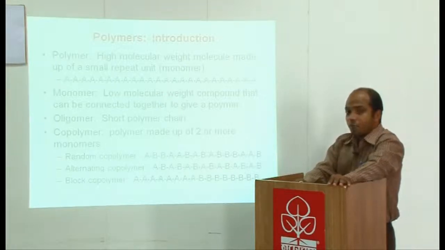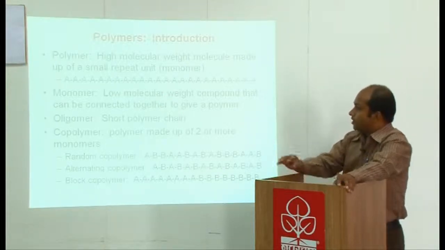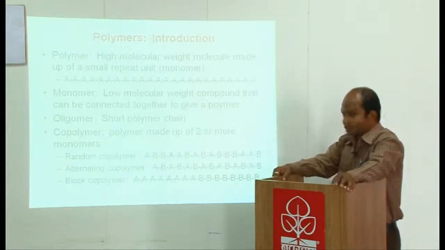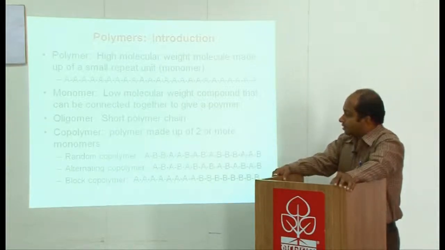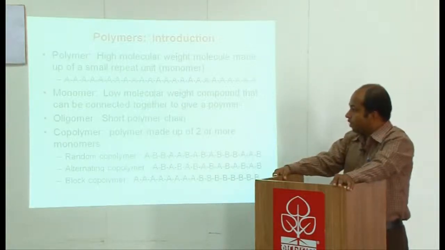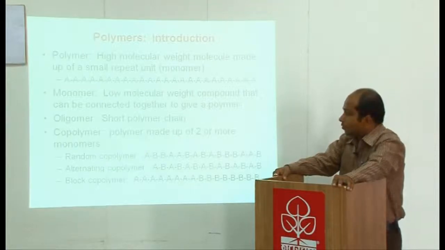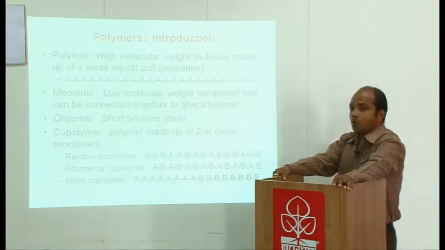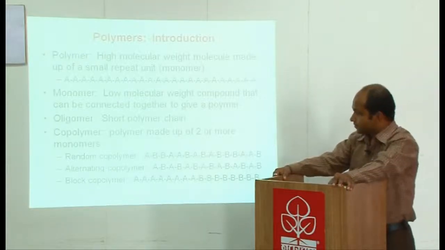There is a term, copolymer. A copolymer is made up of two or more monomers, and copolymers can be classified into three different types: a random copolymer, an alternating copolymer and a block copolymer. So what do we understand by a random copolymer?